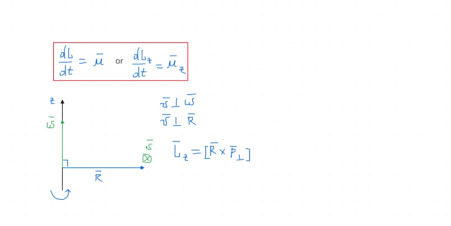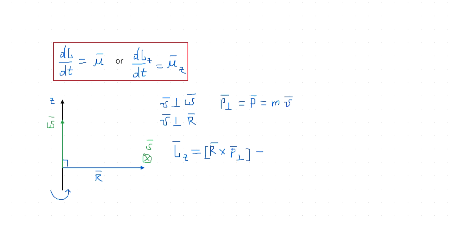But in our case, in case of rotational motion of a rigid body around a fixed axis, p perpendicular is equal to p, and this is equal to the mass of the material point multiplied by the vector of velocity.